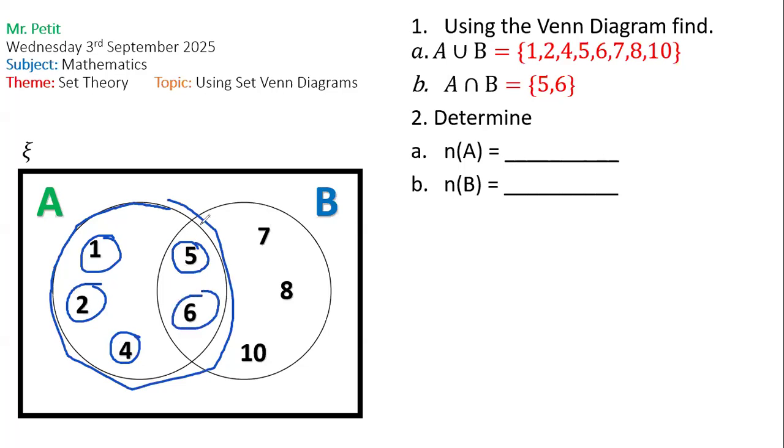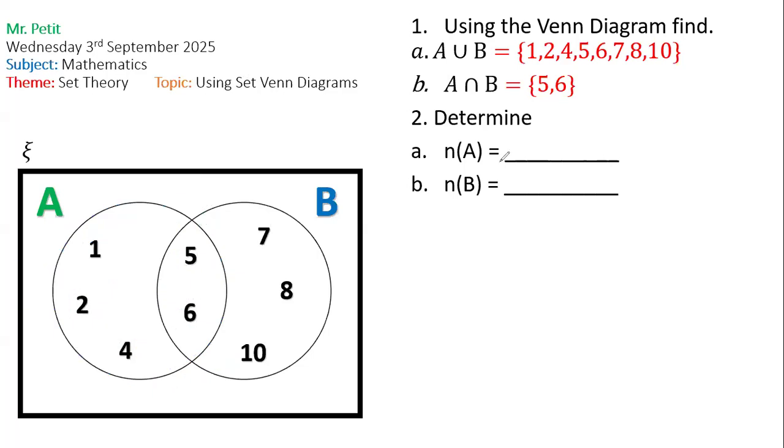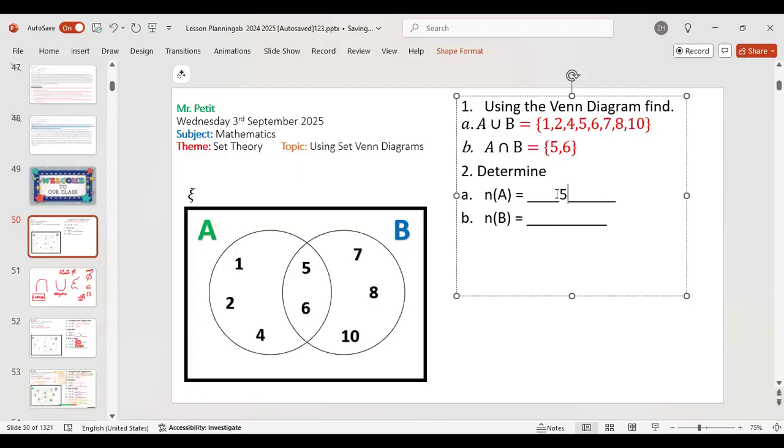So all of that is A. Class, how many elements are there in A? 5. Very good. This is 1, this is 2, this is 3, this is 4, and this is 5. So the number of elements in A is definitely 5.